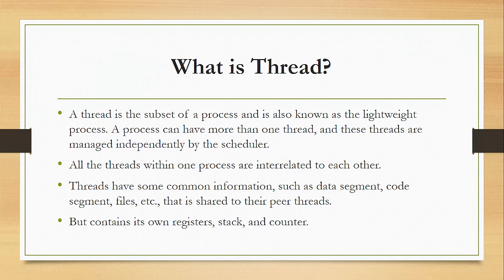So what we need to do is distribute tasks amongst the people who are helping you. The same thing, a process can have multiple threads, what we refer to as multi-threading, right? And we can also find a process having just a single thread.